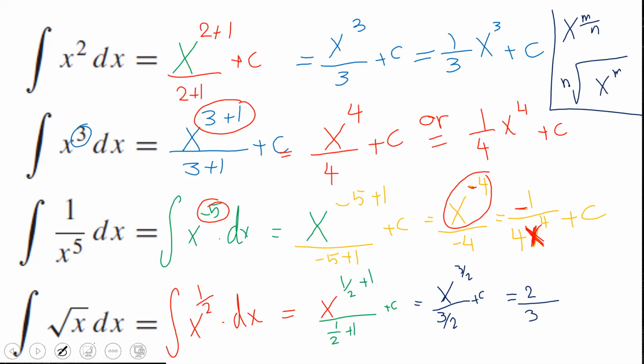So here x to the power 3 over 2, how can I write it? Square root of x cubic, or cubic root of x squared. So it is 2 over 3 cubic root of x squared plus c. Is it clear now? Yes, teacher.